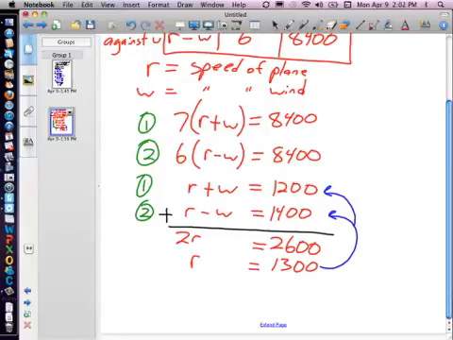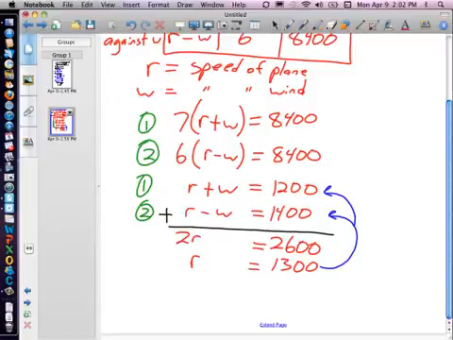That makes it really nice and easy. So I'm going to plug into equation 1: 1,300 plus, that doesn't make any sense, does it? 1,300 plus a wind of negative 100? No. All right. So I think I made a mistake here.